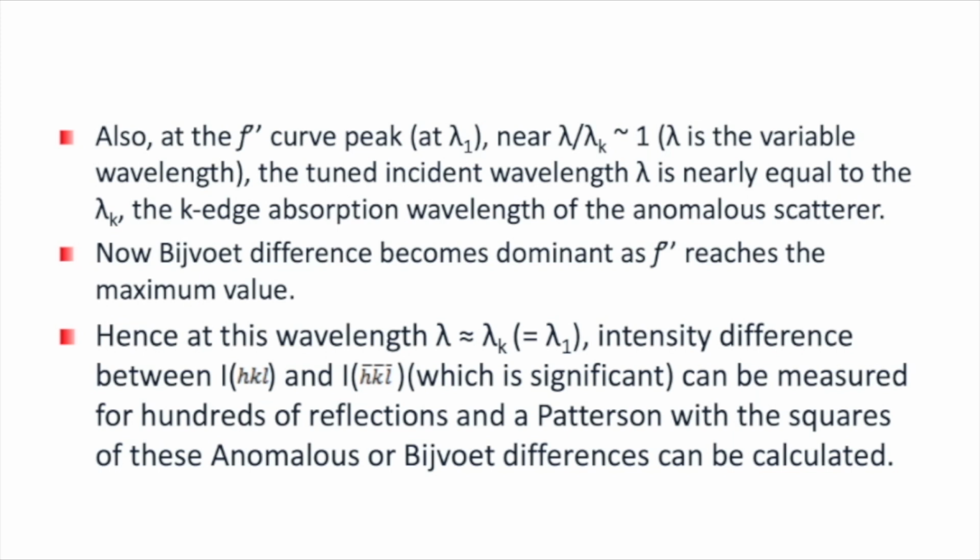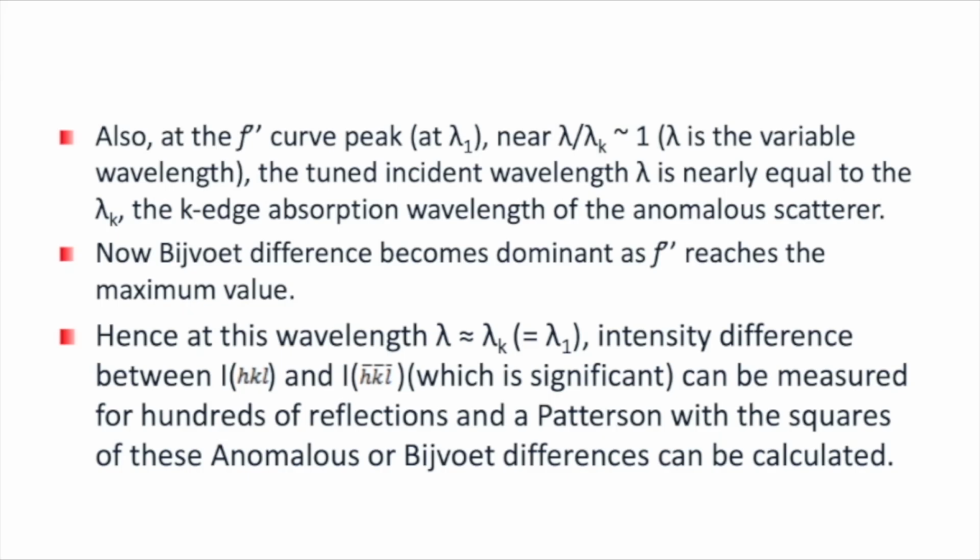Also, at the f double prime curve peak at lambda 1, we see lambda nearly equal to the absorption lambda K, where lambda is the variable wavelength. The tuned incident wavelength lambda is nearly equal to lambda K, where K means the absorption, the natural frequency of vibration or wavelength of absorption of the anomalous scatterer. Now Bijvoet difference becomes dominant because f double prime reaches its maximum value at lambda 1.